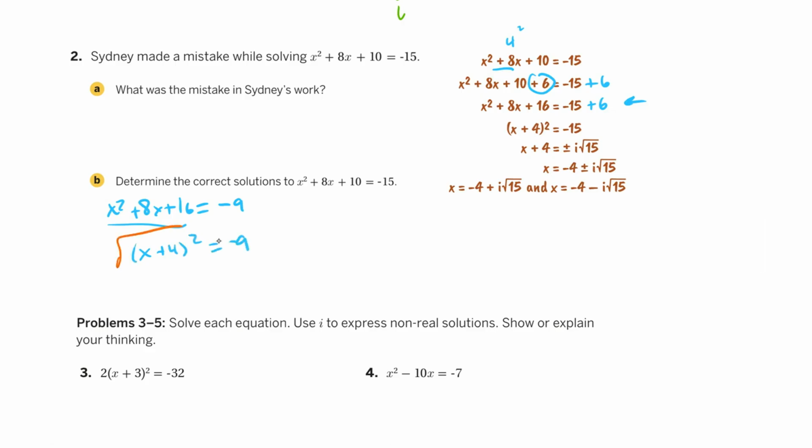I take the square root of both sides, which gives me two answers. x plus 4 equals plus or minus the square root of -9, which I'm going to represent as the square root of -1 and the square root of 9, which then becomes 3, and this becomes i. So x plus 4 equals plus or minus 3i.